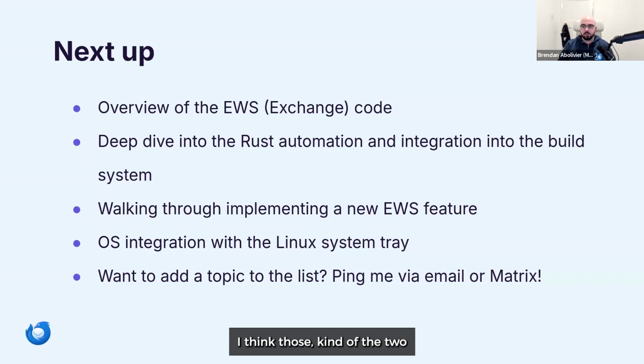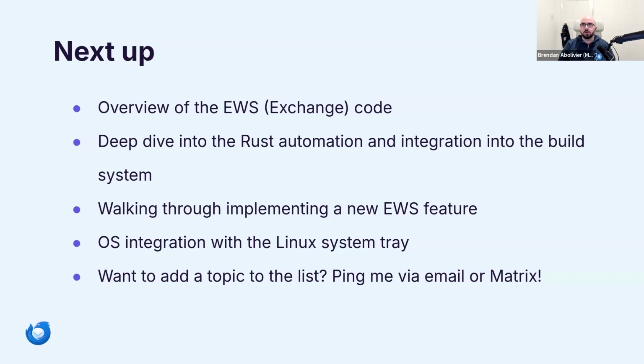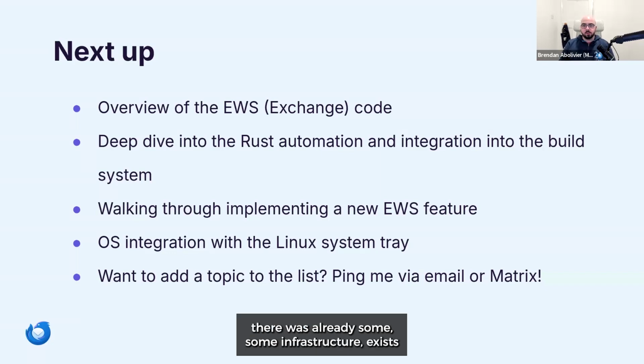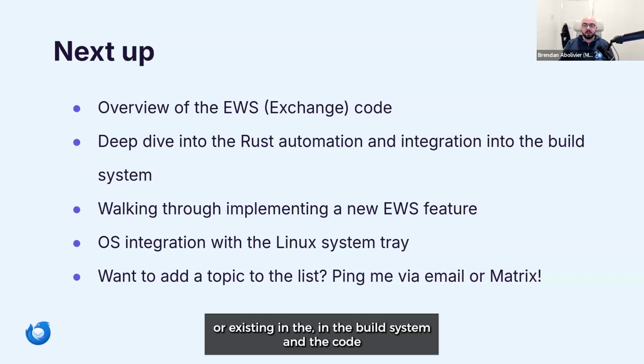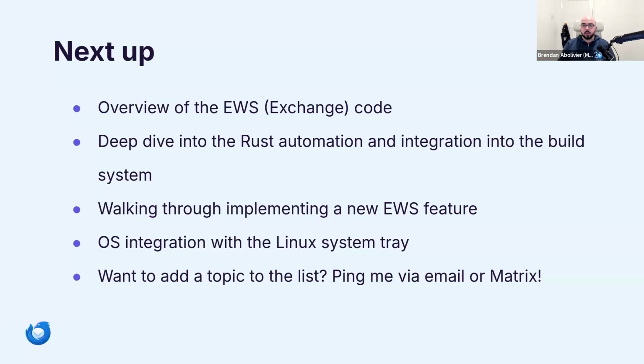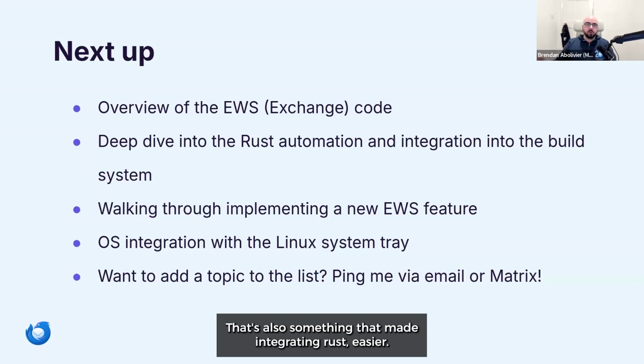Also, because Firefox has been using Rust, there was already some infrastructure existing in the build system and in the XPCOM code to generate XPCOM bindings for Rust, and that's also something that made integrating Rust easier.